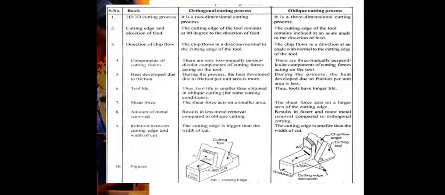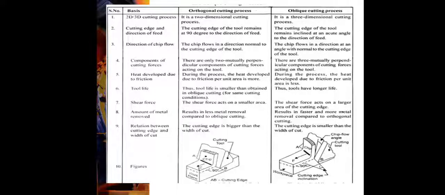And the heat developed due to friction. When we talk about orthogonal, during the process, the heat developed due to friction per unit area is more, while in the oblique, the heat developed due to friction per unit area is less.